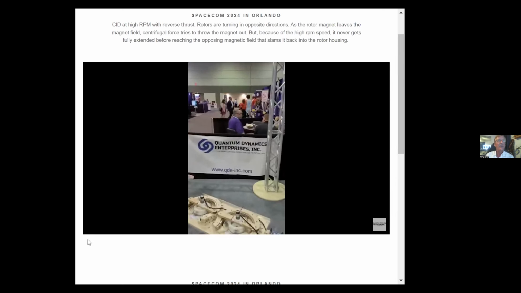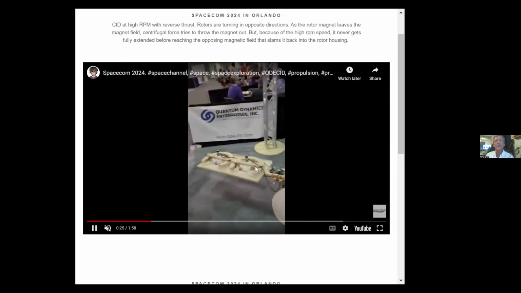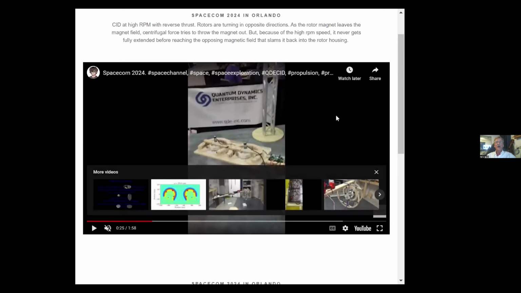I'm at the SpaceCom in Orlando demonstrating it to everybody, and we'll get a good close up. Okay, so you know how SID works, that the rotor arms are thrown out and that little punch creates a thrust that moves it forward. Well, guess what? If I go really high RPM, it reverses. What I mean is the rotor arm is thrown out.